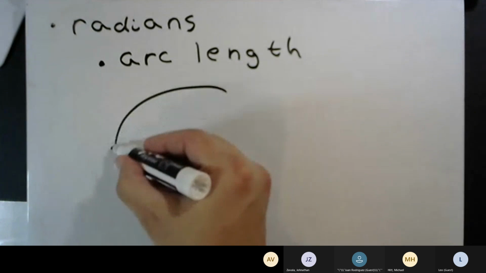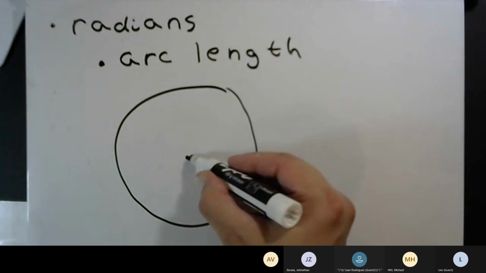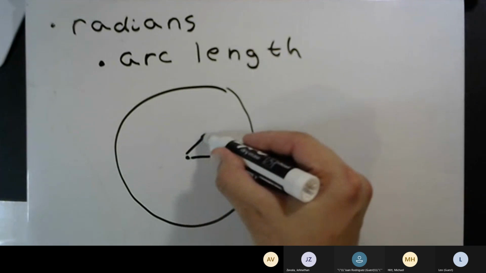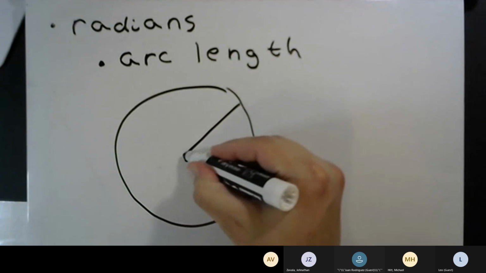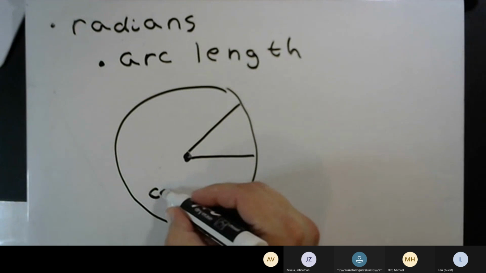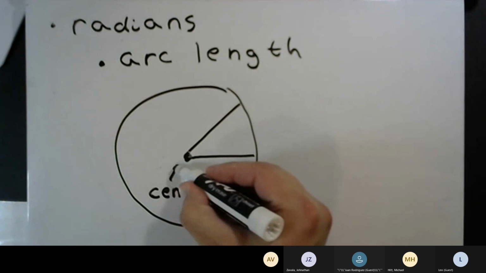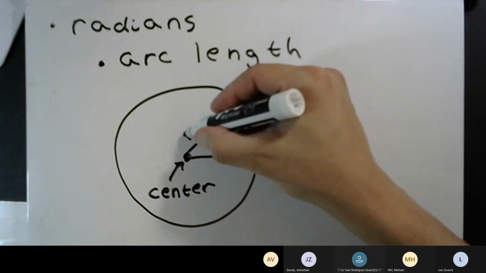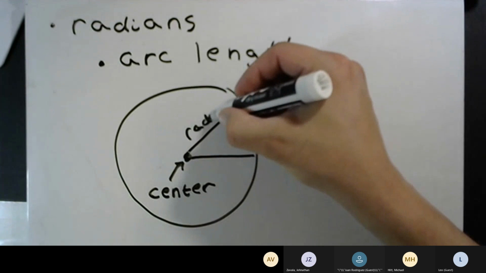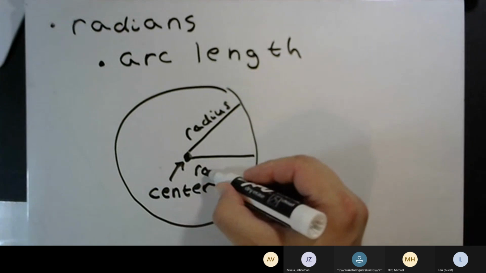So let's say we have a circle. Now this is the center. And then on either side, the distance from the center to the edge of the circle, well, we've seen this before.